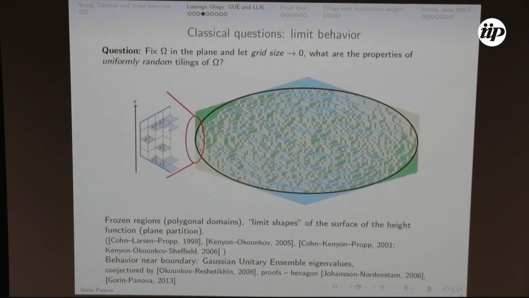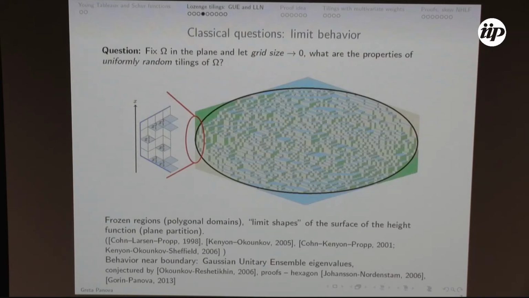One can also zoom in near the boundary and ask what is the probability law if the random variables are the heights of the horizontal lozenges here near the boundary. What's their joint distribution? It turns out there that we have the same law as the one for the eigenvalues of random matrices from the Gaussian Unitary Ensemble.